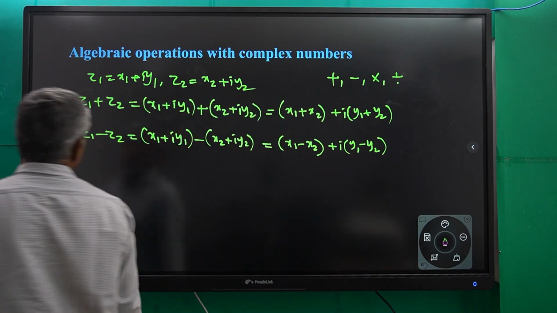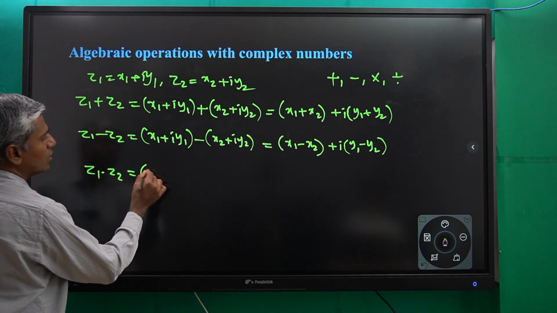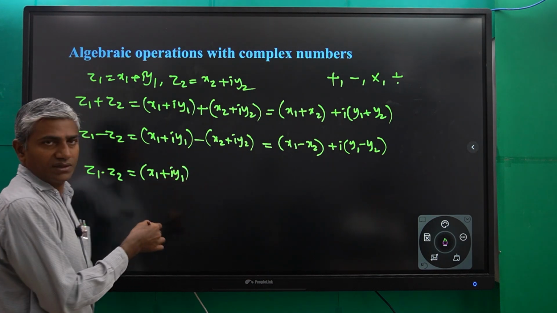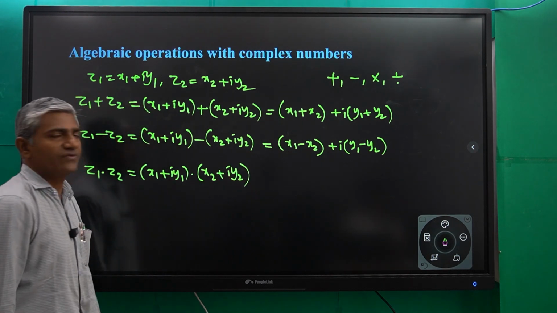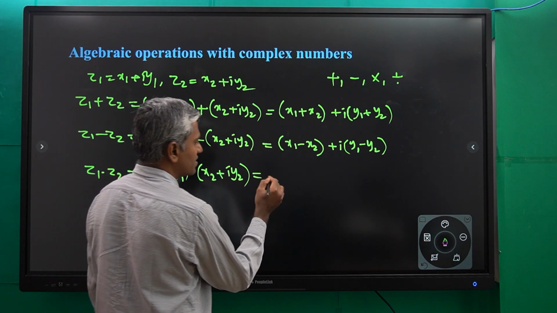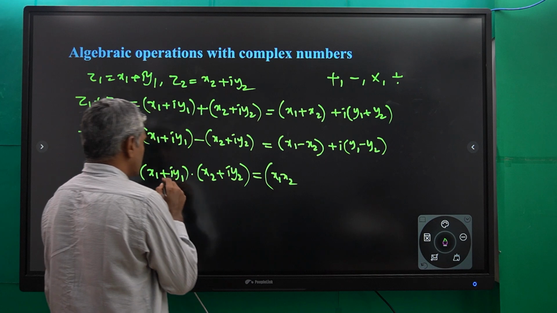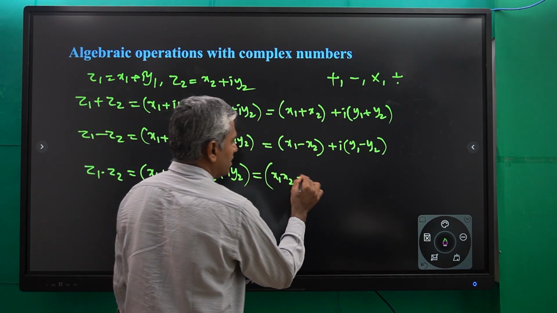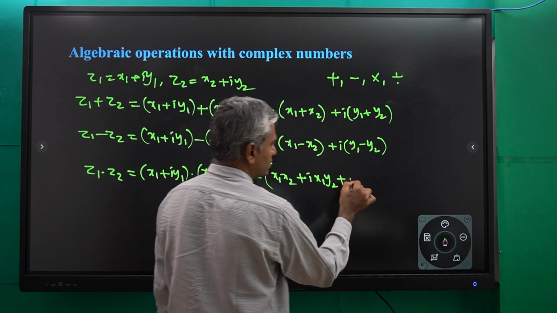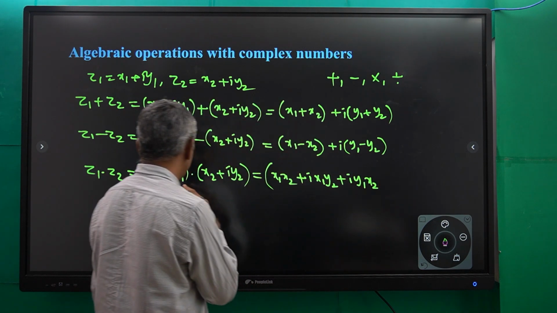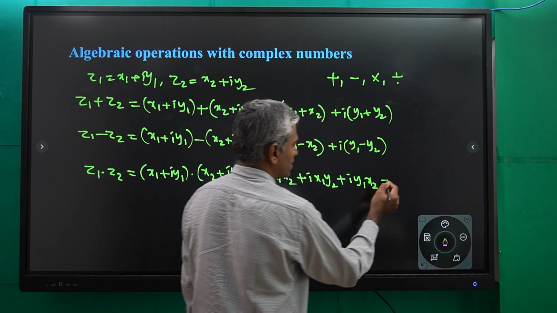Next is z1 into z2. z1 into z2 can be written as x1 plus iy1 into x2 plus iy2. We can use it as a formula also sometimes. This can be written as x1 into x2, and x1 into iy2, that is i x1 y2, plus i into y1 x2, and here plus into plus i into plus i is i squared, which is minus 1, so that is minus y1 y2.